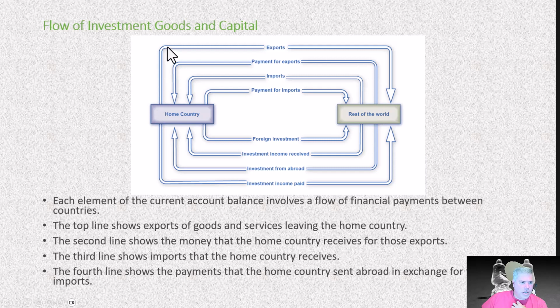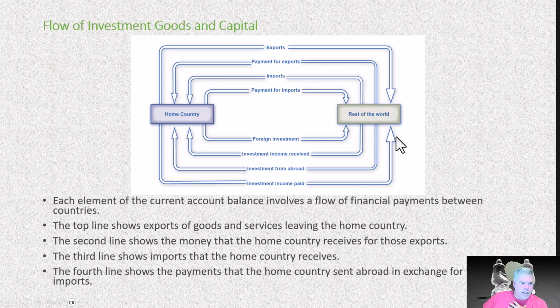So you can see, here's goods and services, and this is financial capital, and when you go to the bottom side, you've got foreign investment in the rest of the world, and then that comes back in the form of dividends and other investment income received. Then others make investments in the United States, so there's investment from abroad, and then we pay dividends, interest, and other income back out to those investors.